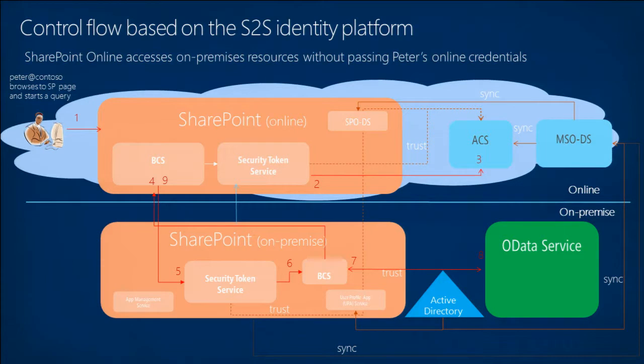But we want to make sure that if anything goes wrong, an admin is able to first check whether the problem is on the on-premises side and can be fixed by him without having to call support or Microsoft Ops. And only if he can verify that the problem isn't fixable on-premises should he call back. So we've made all of that possible.